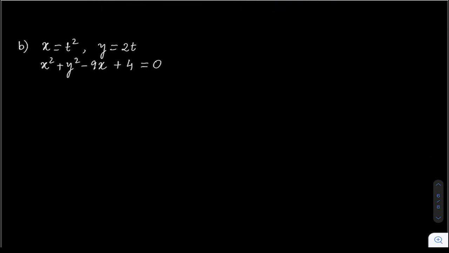Second question. x is given as t square, y is 2t. Again this is the parametric equation and this is a Cartesian equation. Whenever a parametric and Cartesian equation is given, we substitute the parametric x and y values into the Cartesian.